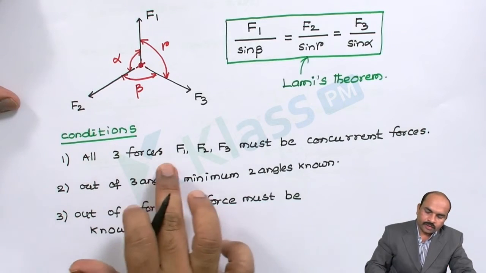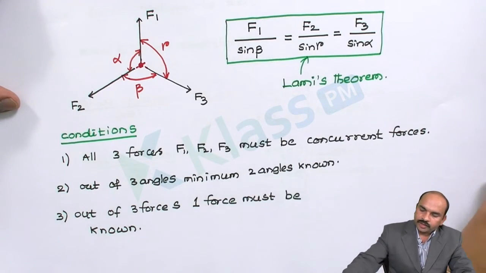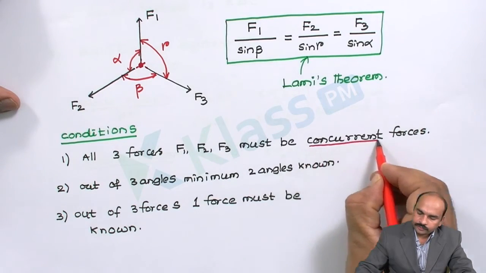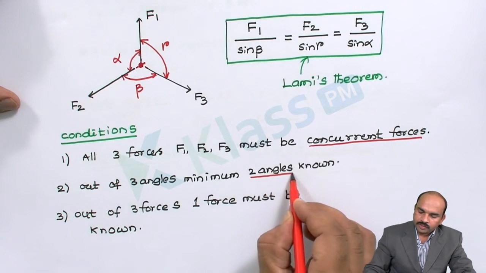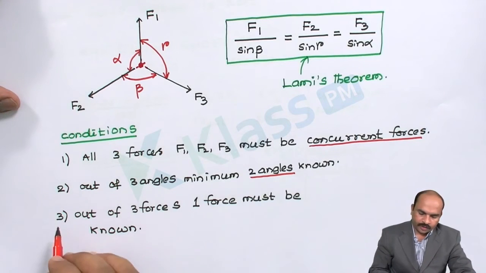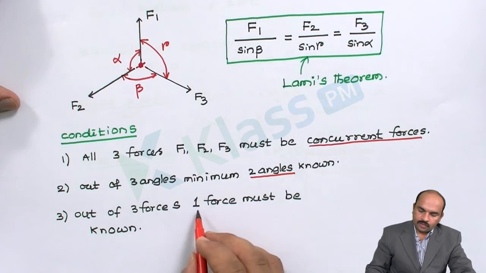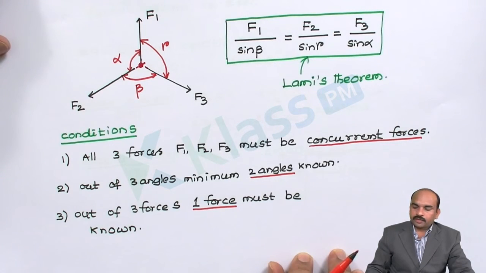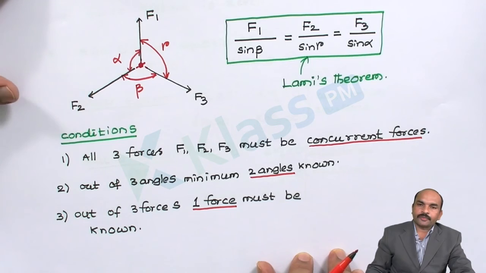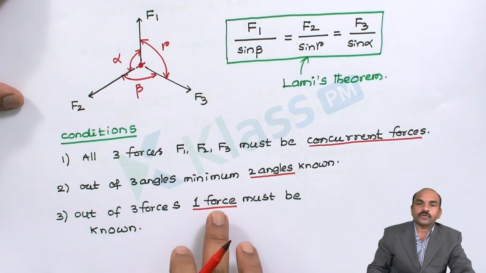One is all 3 forces must be concurrent forces. Then out of 3 angles, minimum 2 angles must be known. The third condition is out of 3 forces, one force must be known. So if any problem satisfies these 3 conditions, we can apply Lami's theorem to calculate the remaining 2 forces because one force is given.